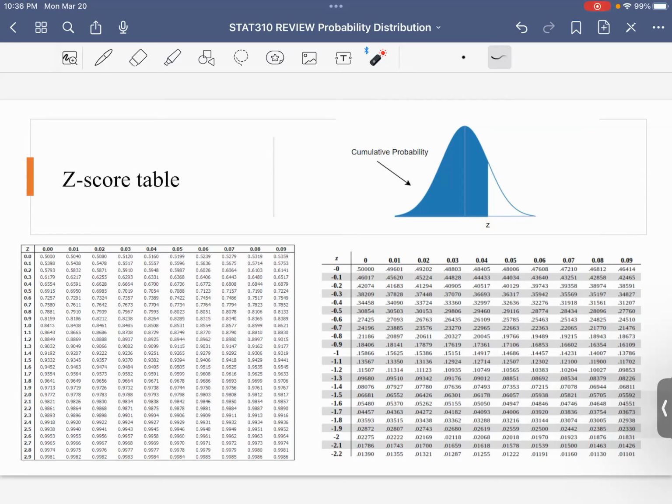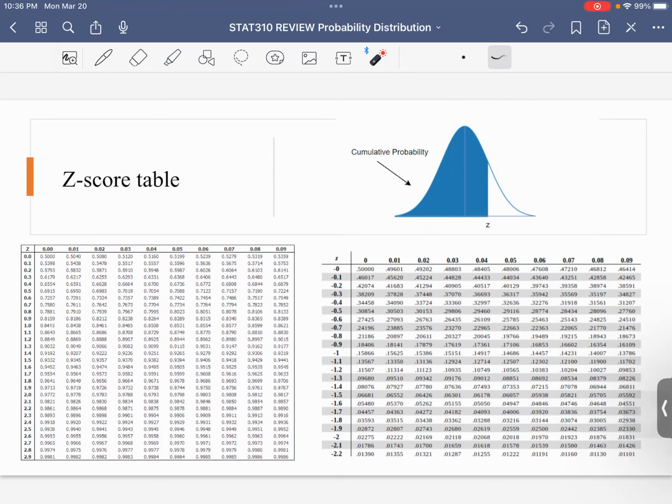And since the normal distribution is symmetric, basically, for example, this is the mu. You just need one end of the table, and you can get the other end by symmetry.